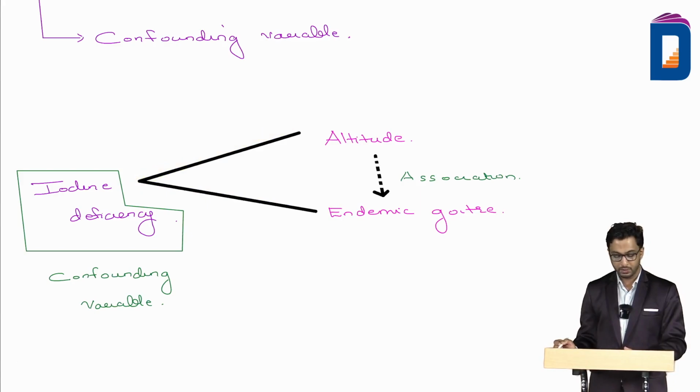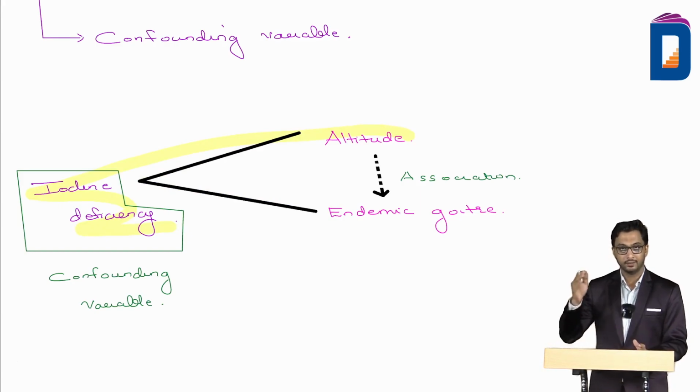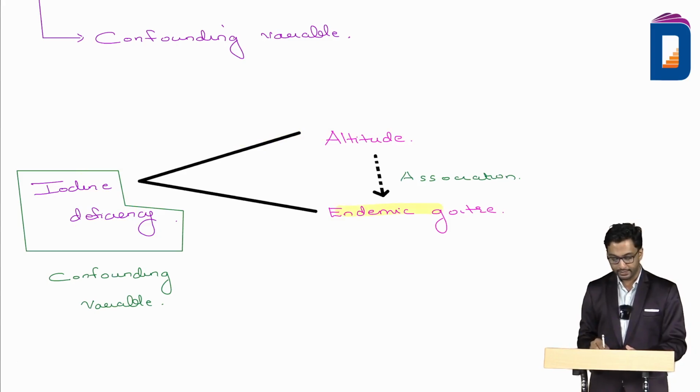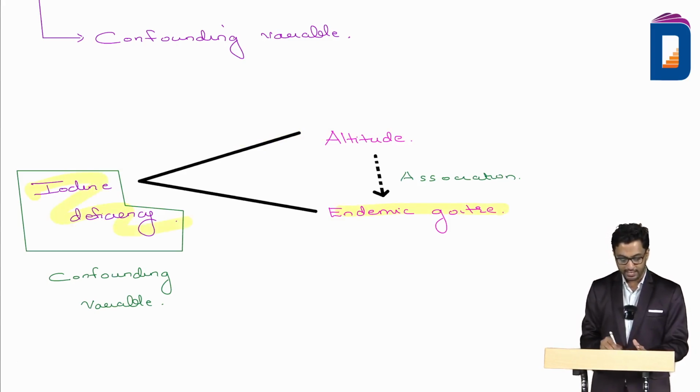So what does that mean? In high altitude there is iodine deficiency, plus also in endemic goiter patients there is iodine deficiency. That means both are connected. That is, iodine deficiency is connected to both the characteristic and the disease.